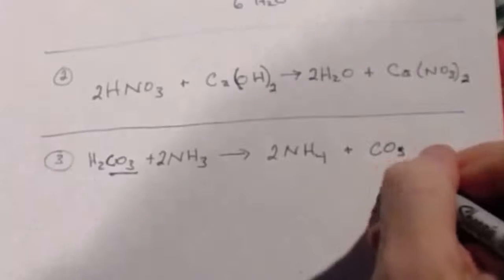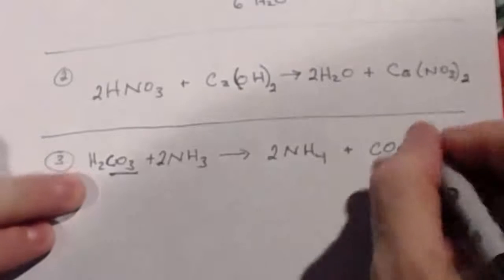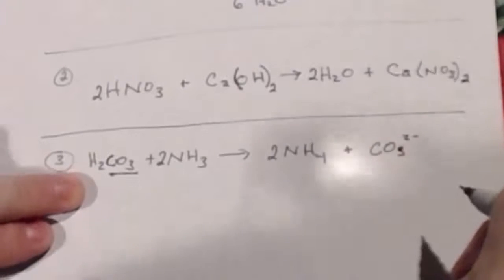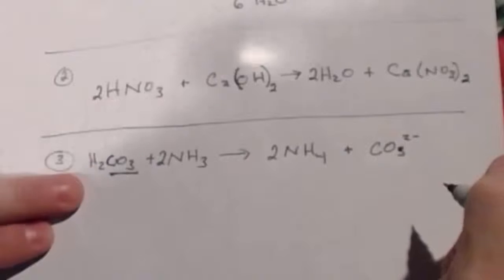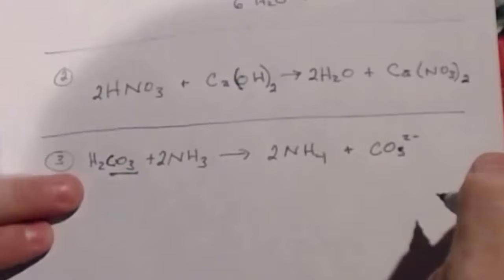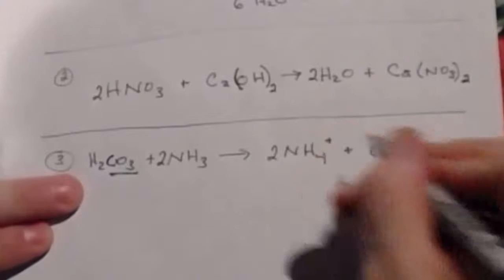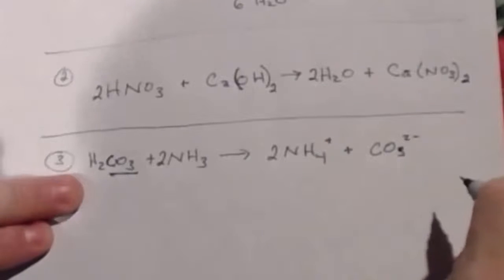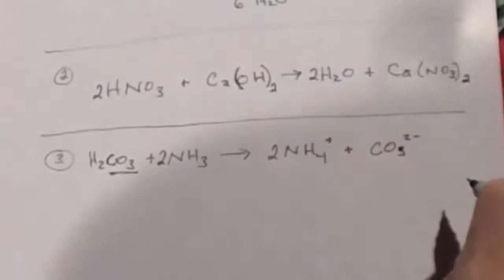And if you look at this, we're losing the two positive hydrogens. It's going to have a 2 negative charge. And so H2CO3 plus 2 NH3 reacts to produce 2 NH4, and that's going to be a positive 1, plus CO3, and that ion has a negative 2 charge.